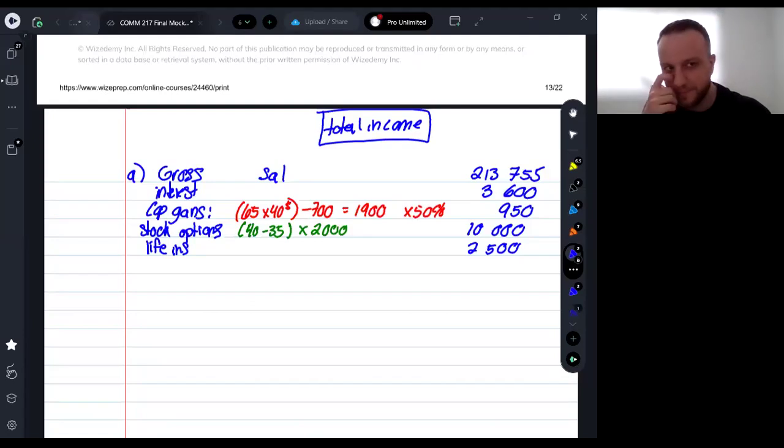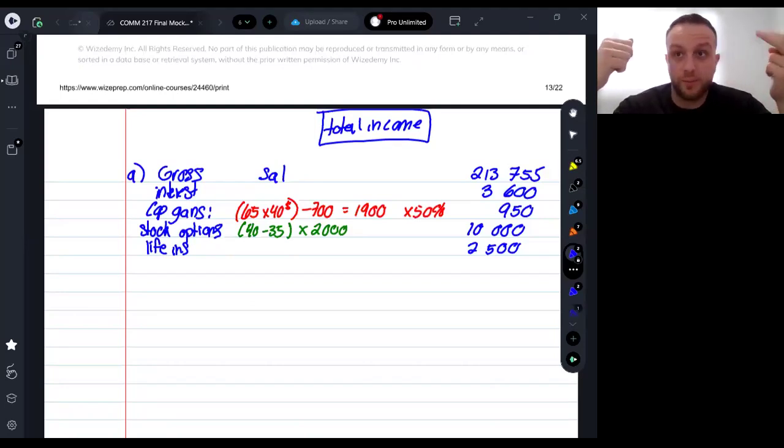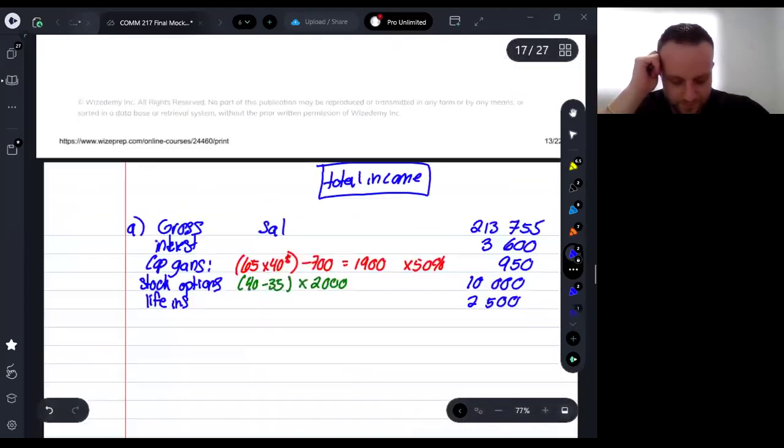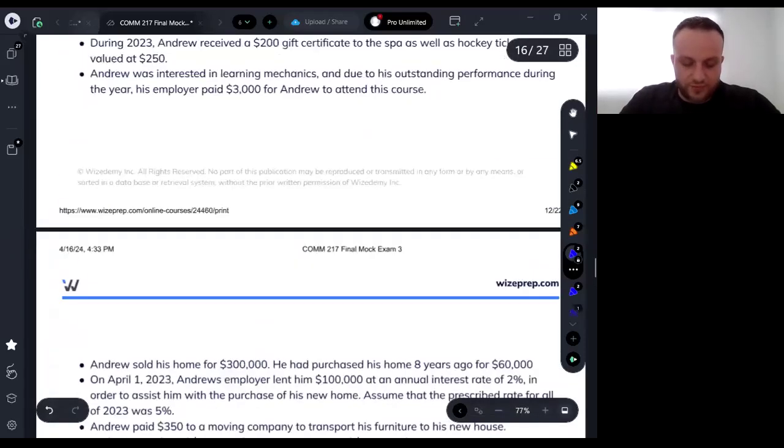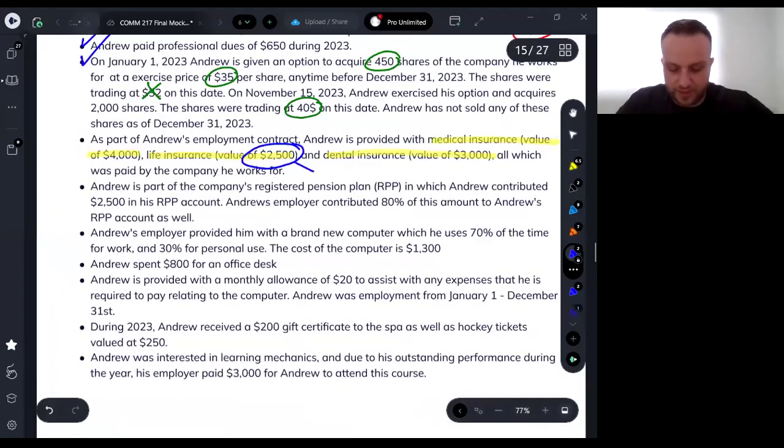I just meant it as a reference if I get stuck, something I can think about. Well, you're only guessing between two, right? If you receive something, it's either taxable or no effect. But if you paid for something, it's either deductible or no effect. So you can always eliminate one. Life insurance there. Bang, bang, bang.